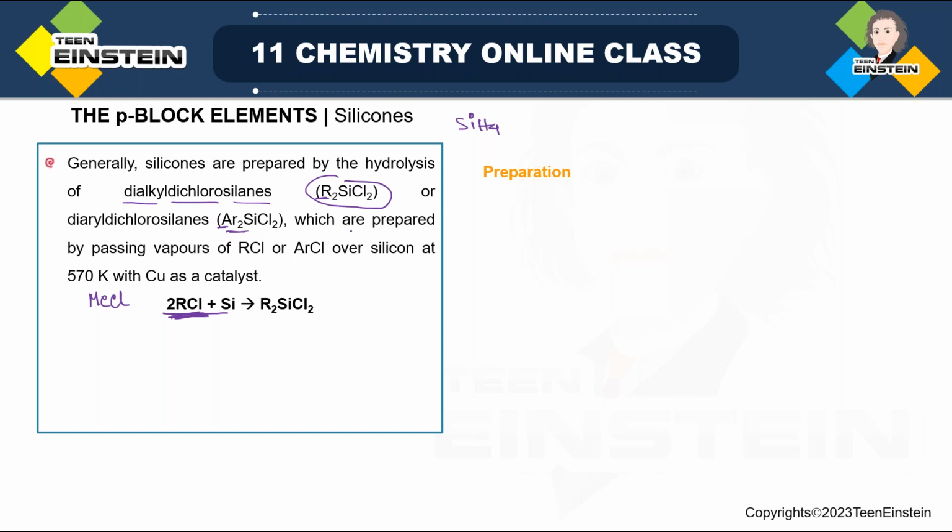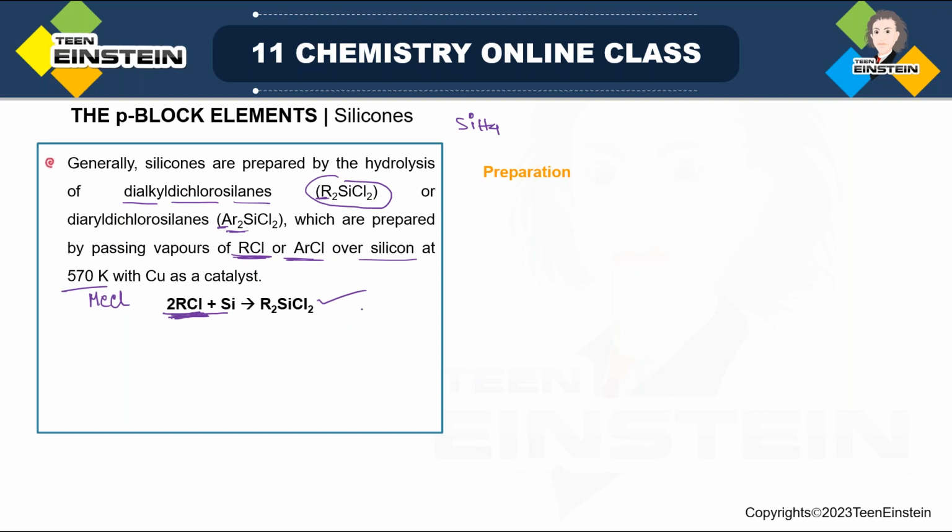So it is prepared by passing vapors of RCl or ArCl over silicon element at 570 Kelvin with copper as catalyst.